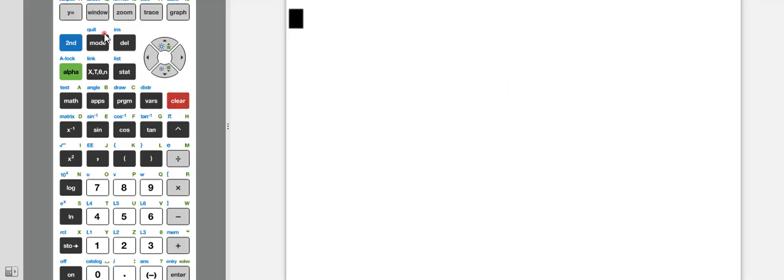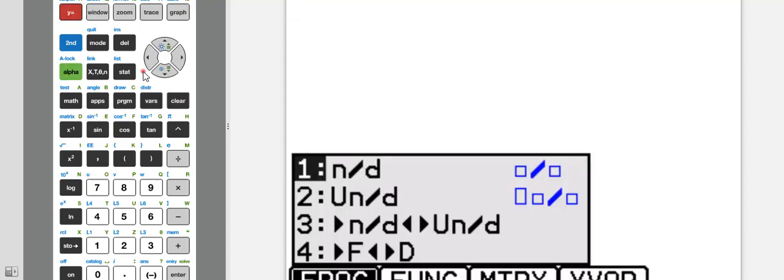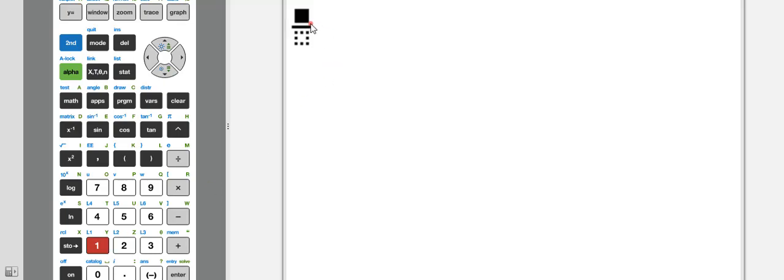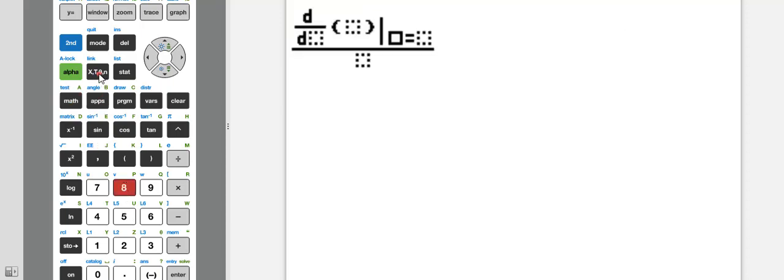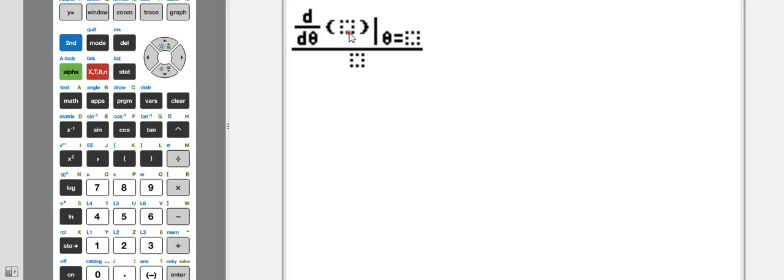So now what I'm going to do is press alpha and y equals and choose fraction number 1. And then I'm going to press math and press number 8 for nDeriv. And you're taking the derivative with respect to theta of R2.